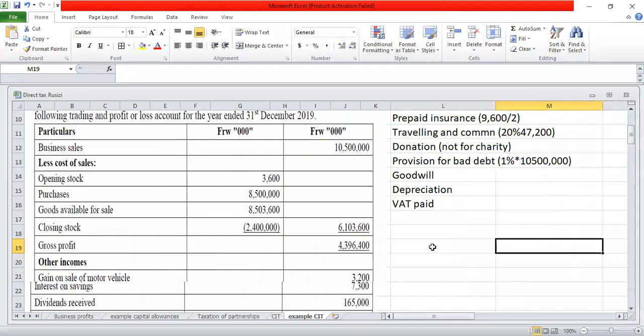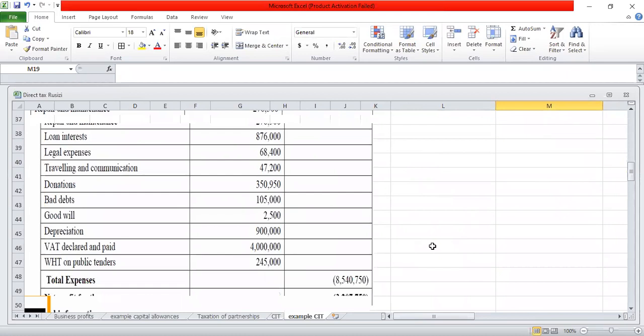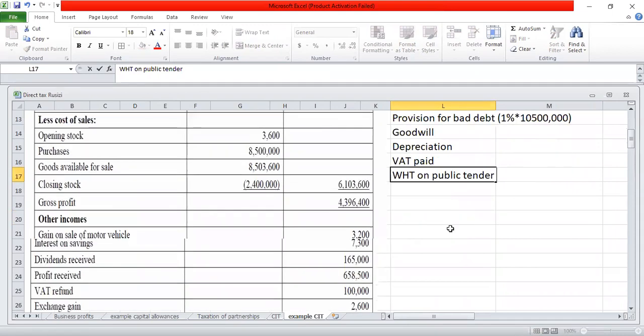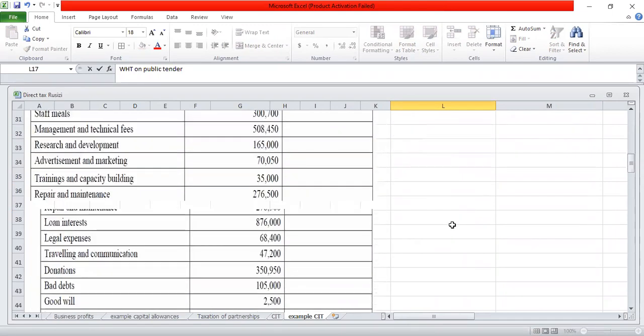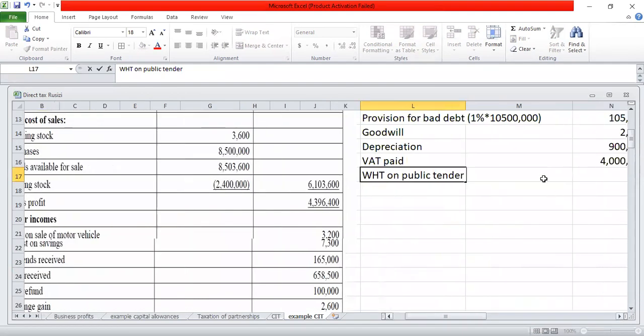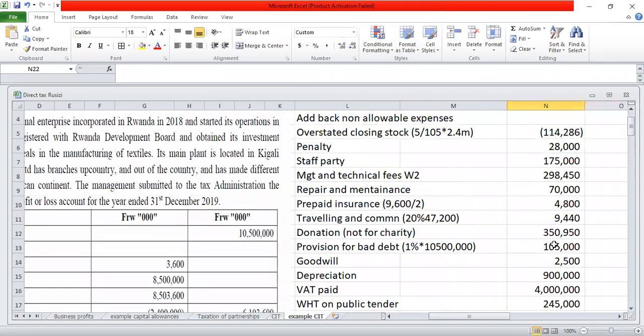Then we have withholding tax on public tender, not allowed. Which is how much? 245. So that one is also not allowed.